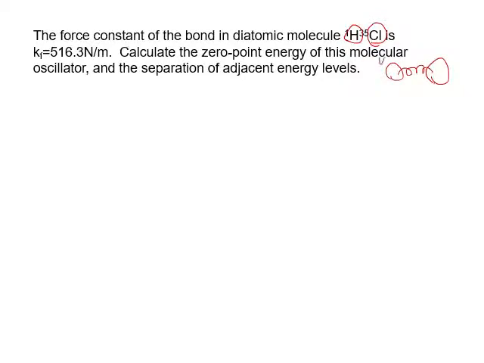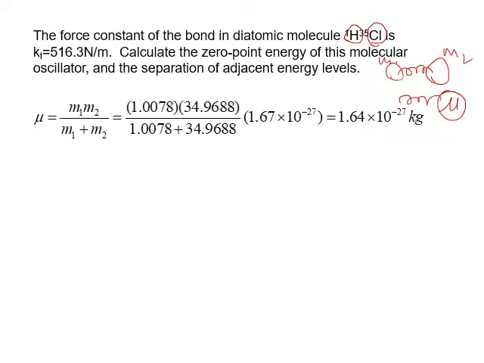This is M1, this is M2, and the two-body system can be reduced to a one-body system with a reduced mass. The reduced mass is calculated by M1 M2 divided by M1 plus M2, where these are the masses of the individual atoms.